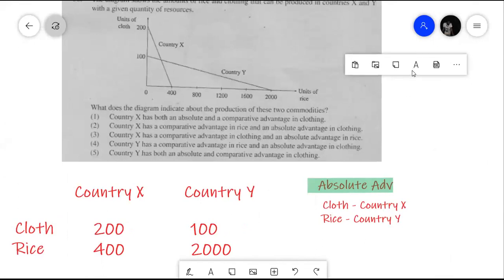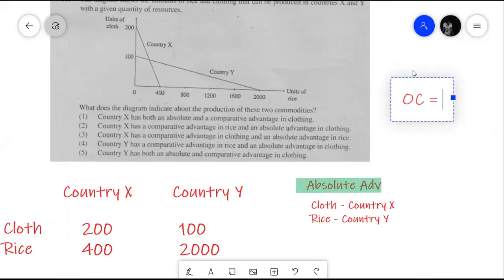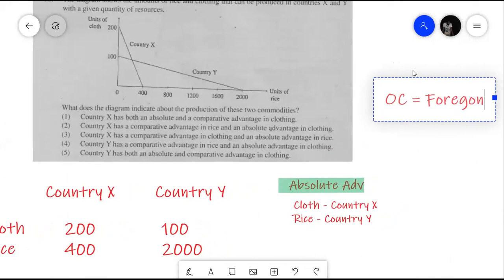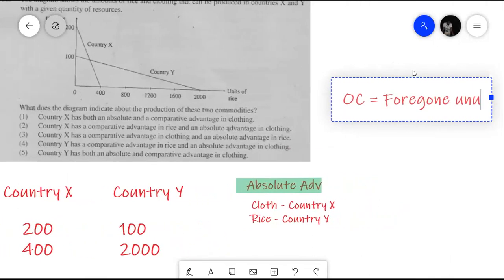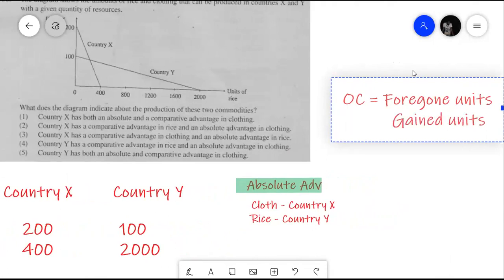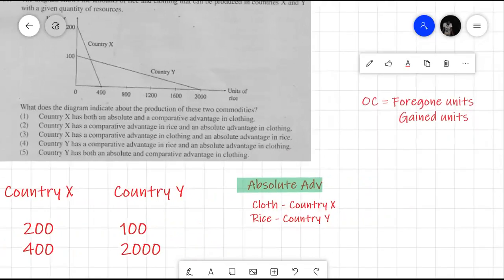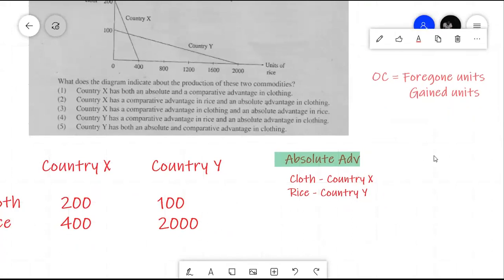Opportunity cost is simply your foregone units divided by your gained units. Whatever you forgo over whatever you gain; your sacrificed amount divided by whatever you gain.